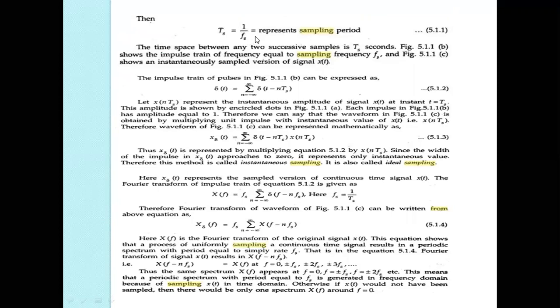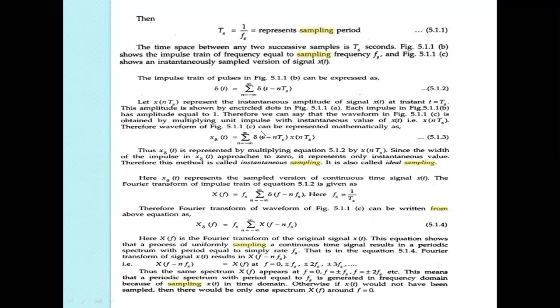Ts is 1 by Fs and represents the sampling period. We have the delta of t impulse train, the sum of n equal to minus infinity to infinity of delta of t minus n into Ts. And then the signal is multiplied with x of t. The t I am taking as n into Ts.